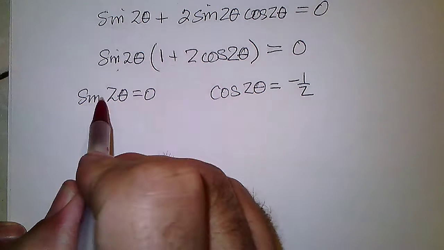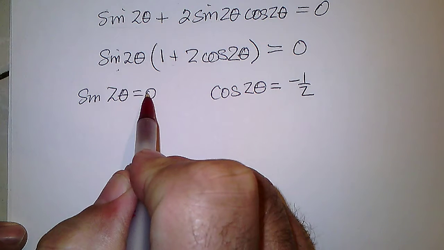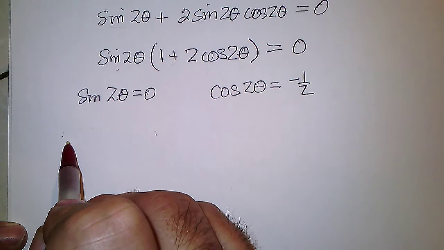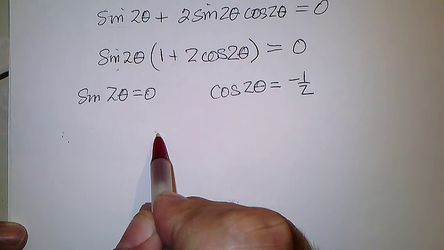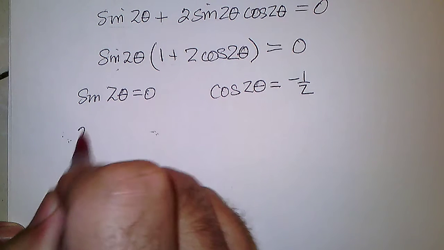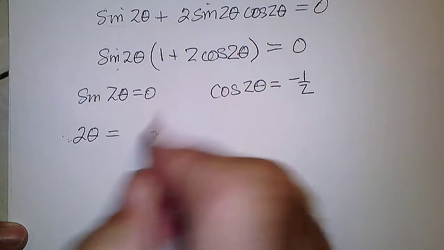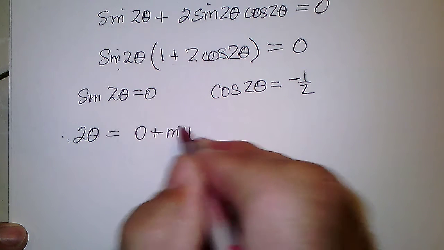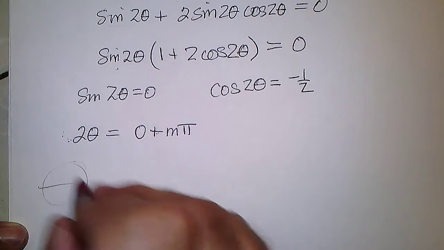So when is the sine 0? At 0 and at 180, or 0 and pi, and 2 pi, and 3 pi, and 4 pi, and 5 pi. So 2 theta is going to be 0 plus multiples of pi, because they're both right across from each other.